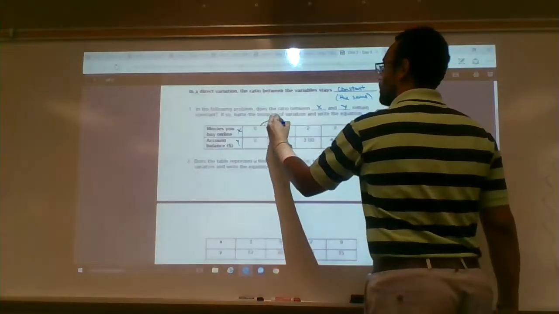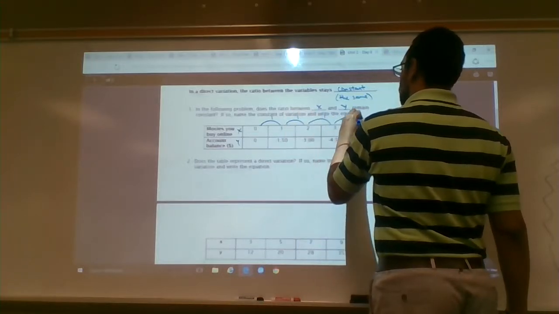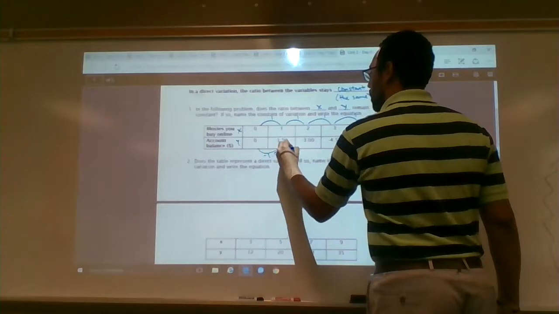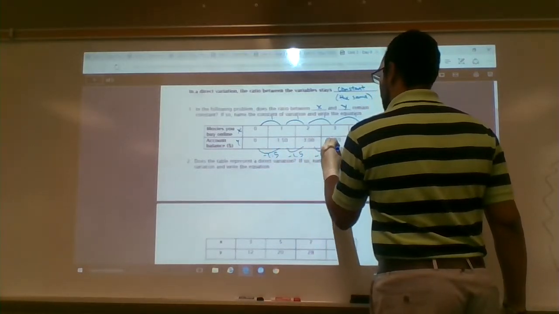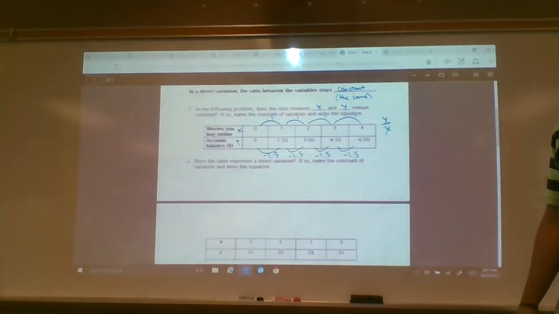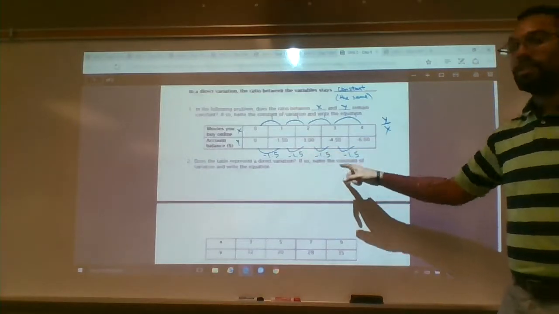So let's see, x, the increments are by 1. The increments for y are negative 1.5. So the difference between my y's is negative 1.5, it's constant.